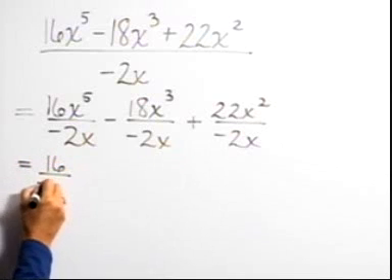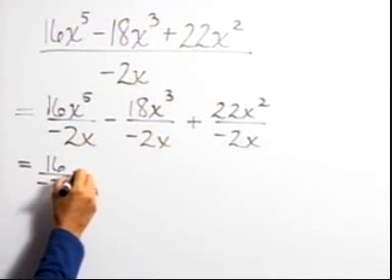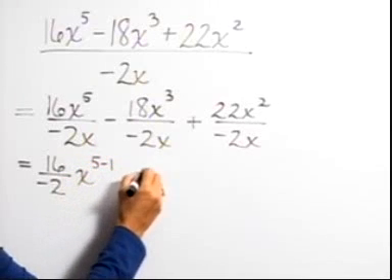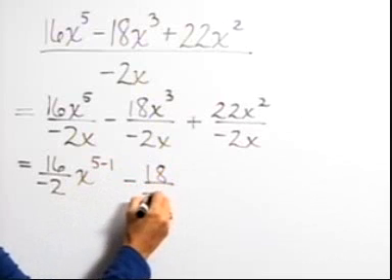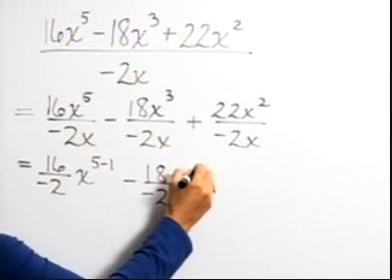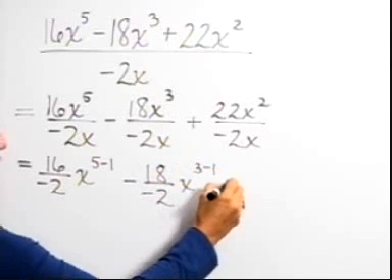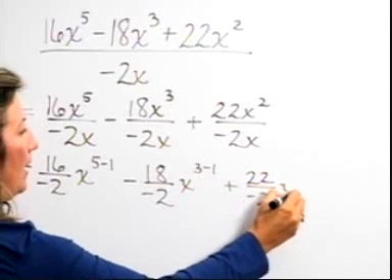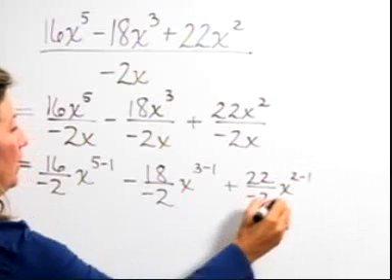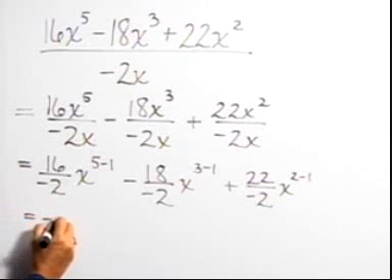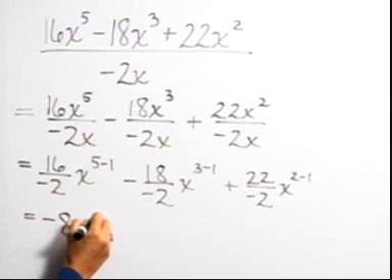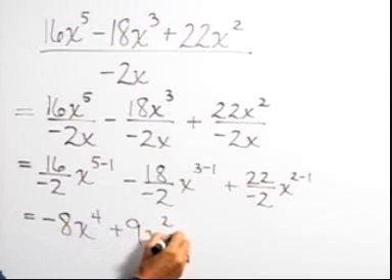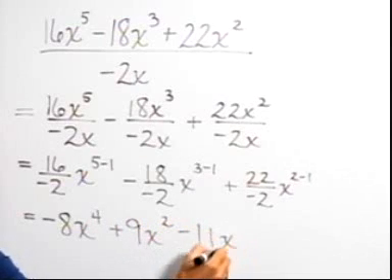So we'll have 16 divided by negative 2, x to the 5 minus 1, minus 18 divided by negative 2, x to the 3 minus 1, plus 22 divided by negative 2, x to the 2 minus 1. This gives us a negative 8x to the fourth, plus 9x to the second, minus 11x.